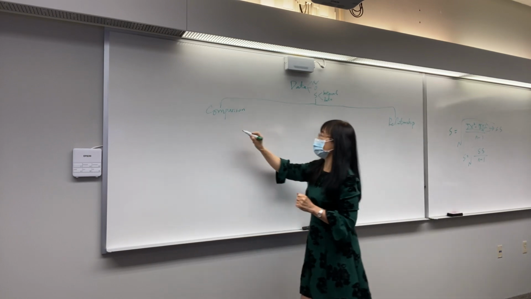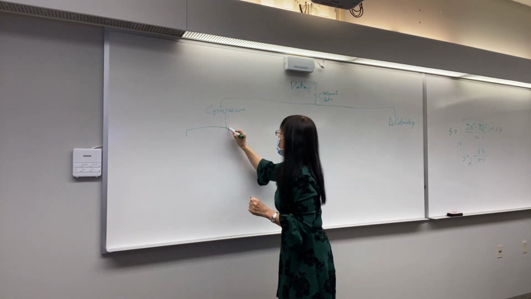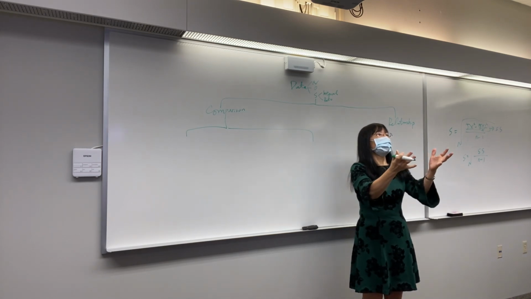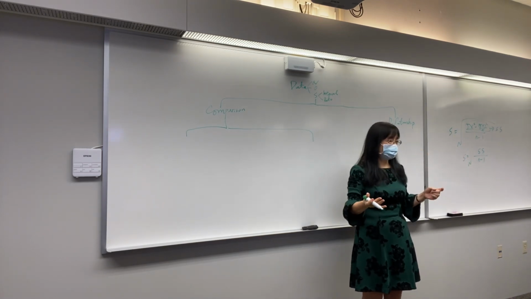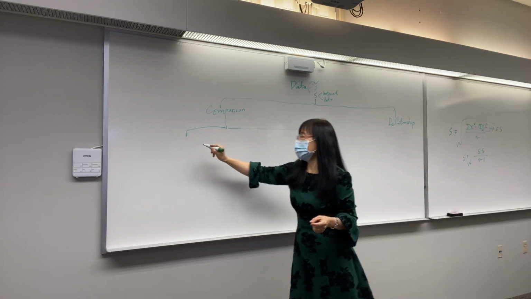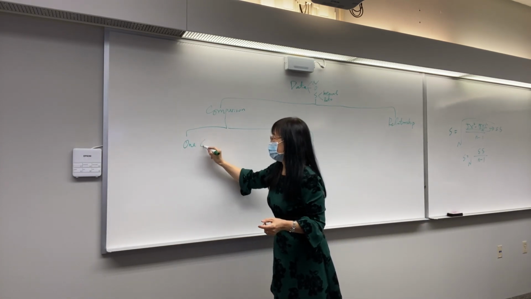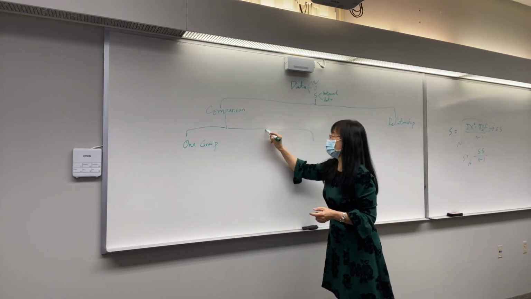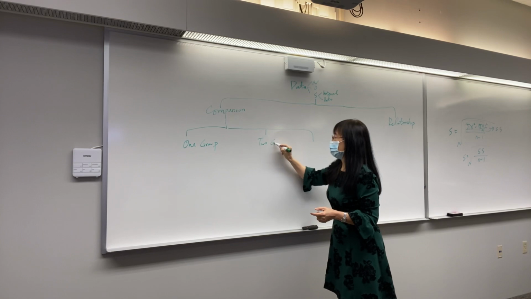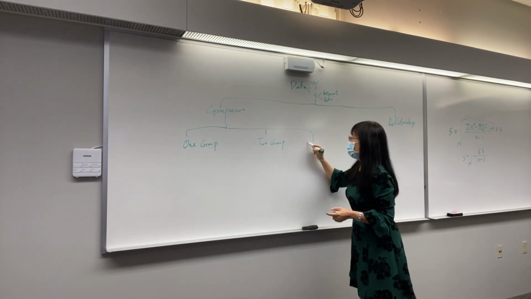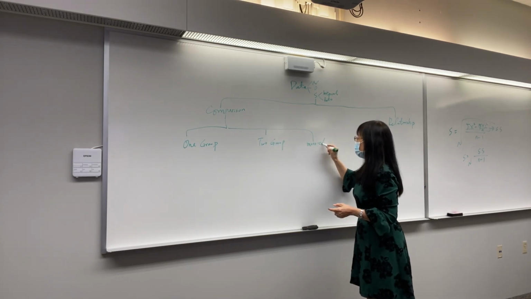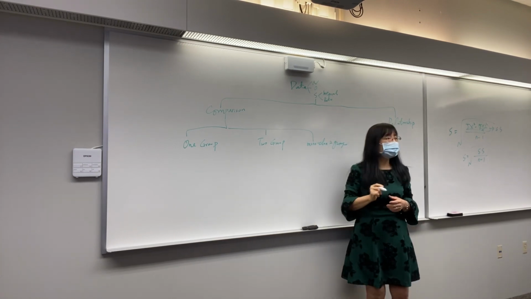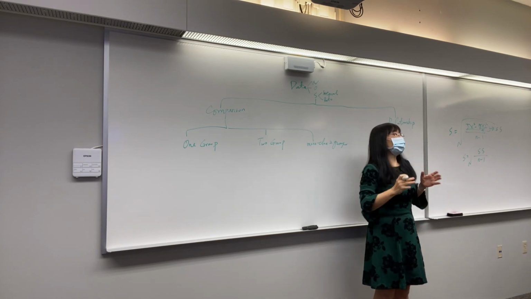If you want to do a comparison, then you also need to ask, what do I know? You can have one group, or two groups, or more than two groups.